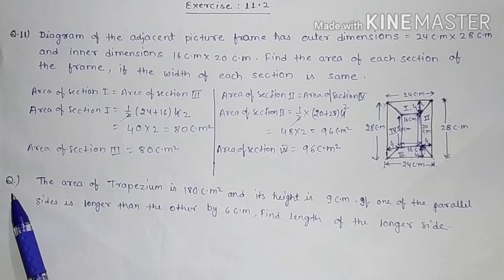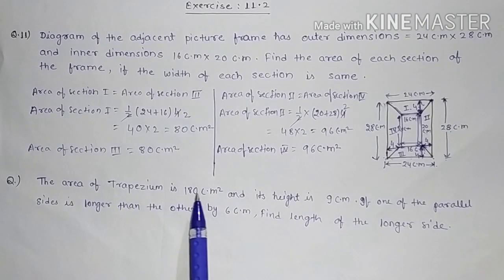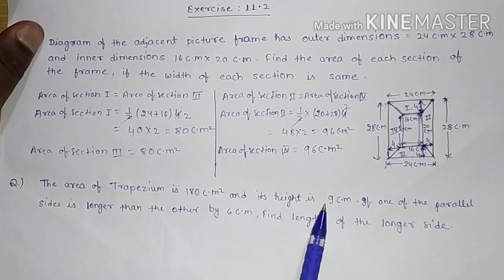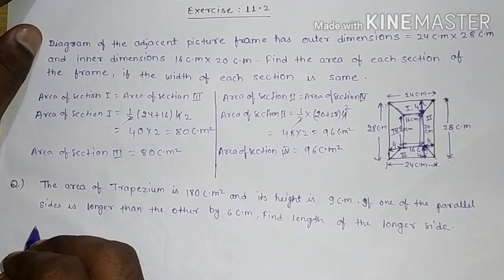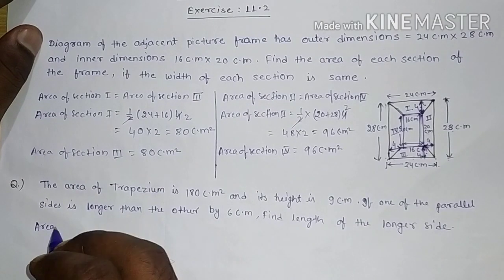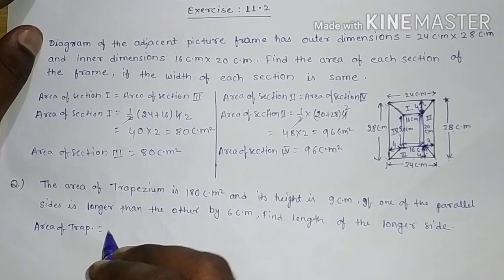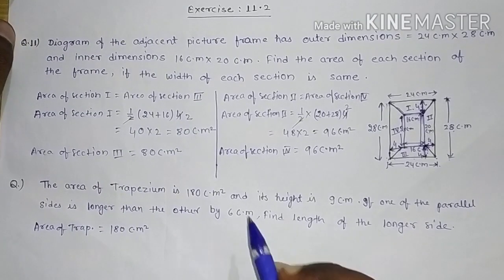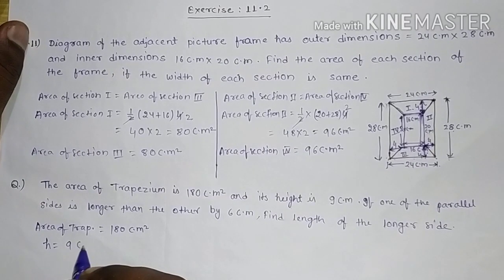Now the question is given here. The area of a trapezium is 180 centimeter square and its height is 9 centimeter.